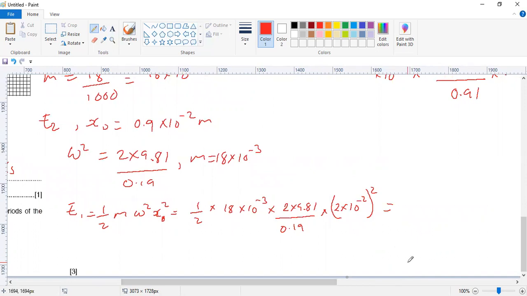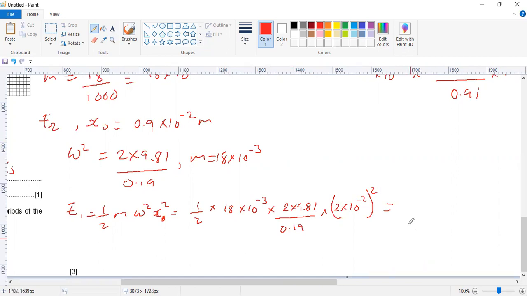This should give us, let's go to our calculator. Half times 18 exponent minus 3, times 2 times 9.81 over 0.19, times the bracket of 2 exponent minus 2, bracket squared.